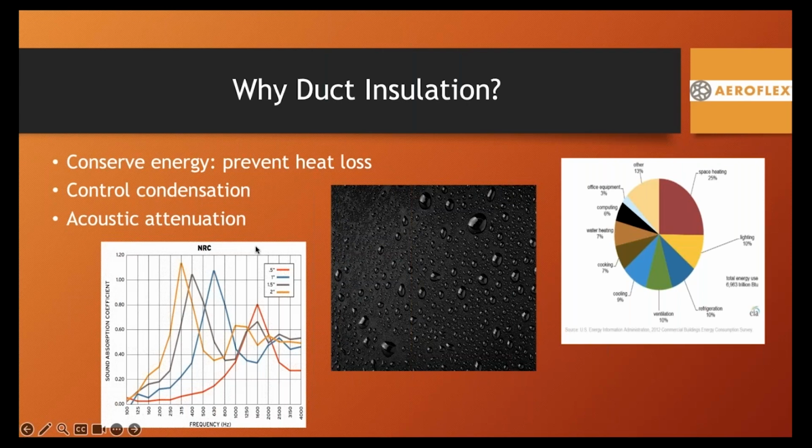If it's not controlled, it will cause unwanted consequences such as thermal insulating loss, damage to equipment and surfaces below, slip and fall hazards, and the potential for mold growth. Additionally, duct insulation can offer some acoustic benefits, usually when it's internally lined in ductwork, and we'll talk more about that in the coming slides.